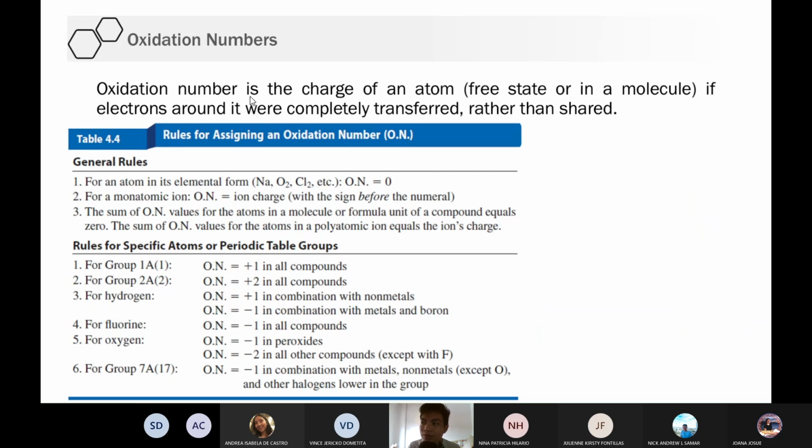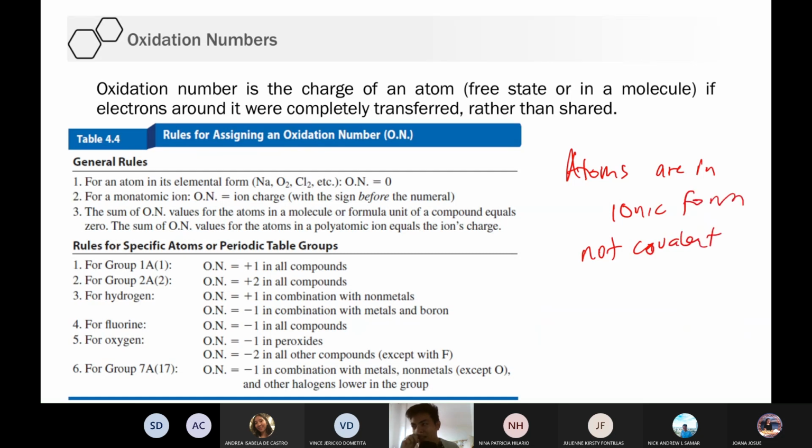So when we say oxidation number, this is the charge of an atom if the electrons were completely transferred rather than shared, no? So ibig sabihin, we are assuming that the atoms are in ionic form, no? So in determining the oxidation number, we are assuming that atoms are in ionic form, not covalent.